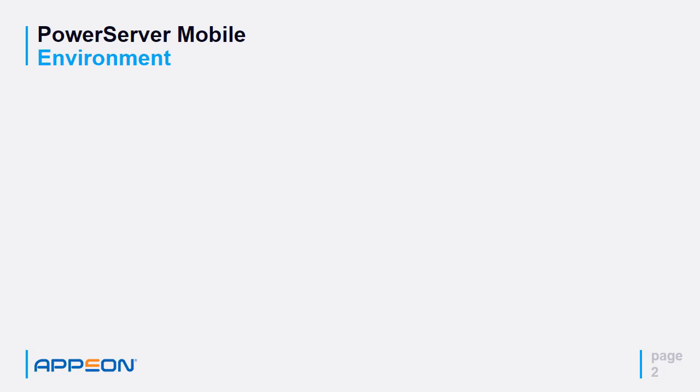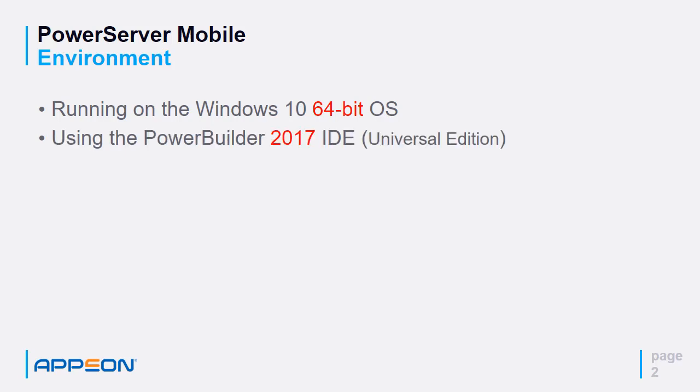The PowerServer environment that we're using today for this video includes the Windows 10 Fall Creators Edition 64-bit operating system, PowerBuilder 2017 Universal IDE. Notice that you must have the Universal Edition in order to communicate between PowerBuilder and PowerServer.